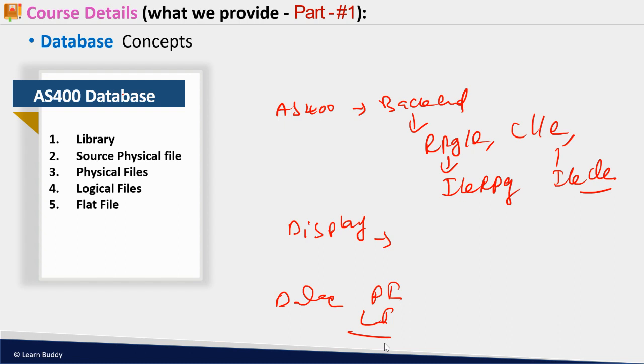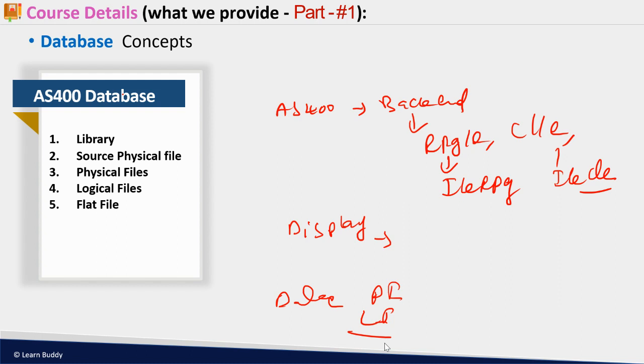And for the database there is also an integrated database, with physical files and logical files. So if you have a requirement and you come to the AS400, you don't need to depend on anything else for the front end, back end or database, because everything you can build in the AS400 itself. Everything, that is, each and every thing, we can do in our AS400.